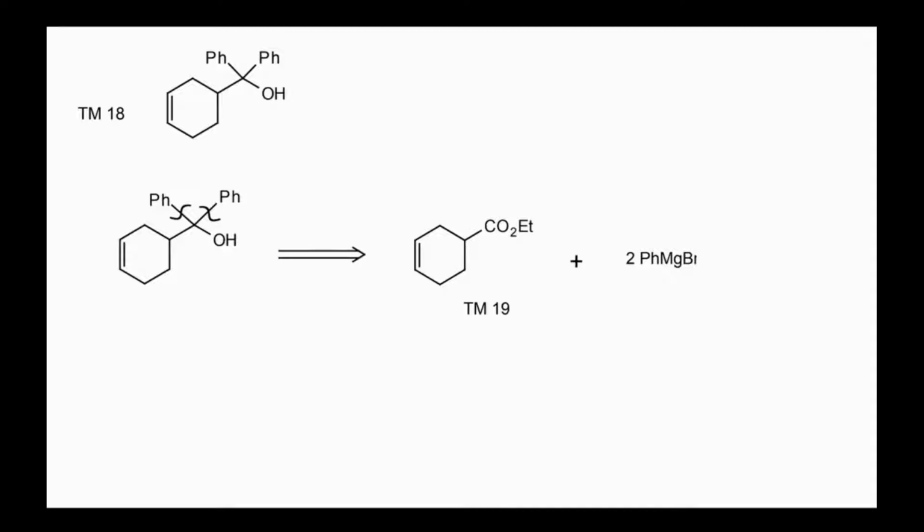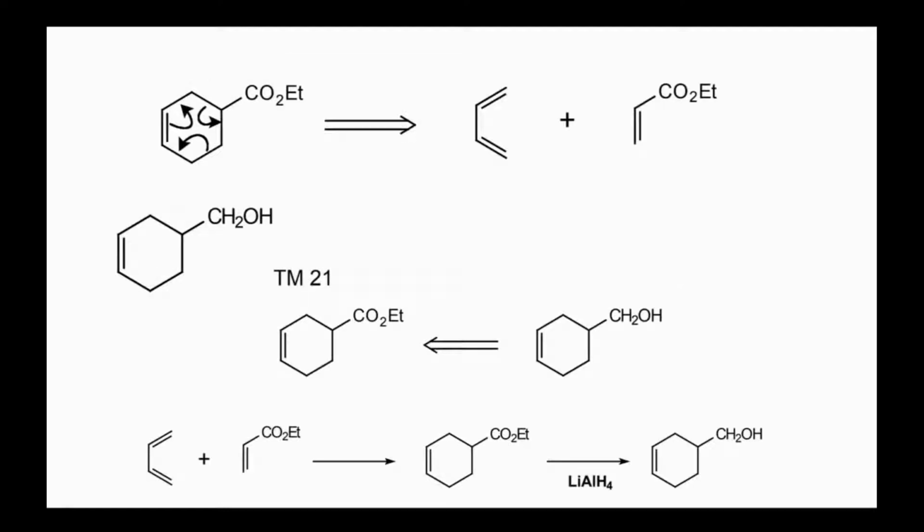So what we are doing here is learning how to do disconnections when we have alcohols. We have discussed cyanide next to alcohol, we have discussed alkynes next to alcohol, and now we are doing the Grignard reagent approach for alcohol retrosynthesis. Okay, let's move on to the next example.